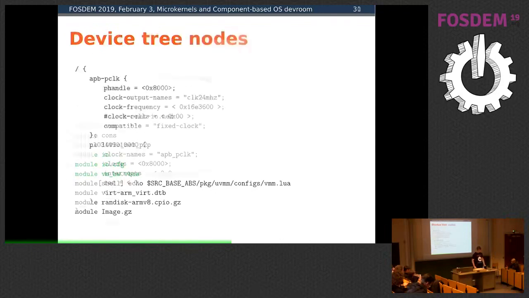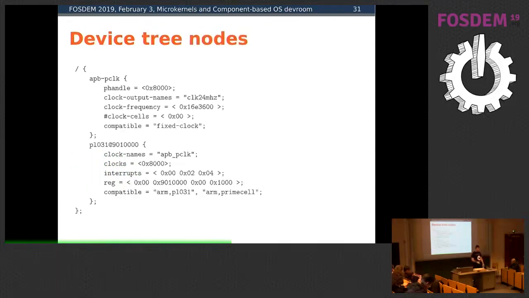And that's not all. We will also need to alter the device tree which is passed to the VM and tell it about the device that it should look for, right? So in this case, it's that PL031, not 61, but PL031, the real-time clock device.